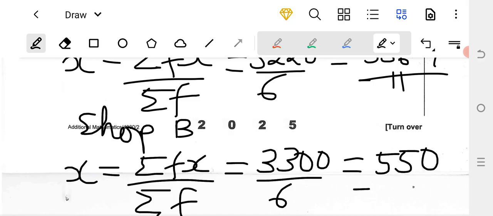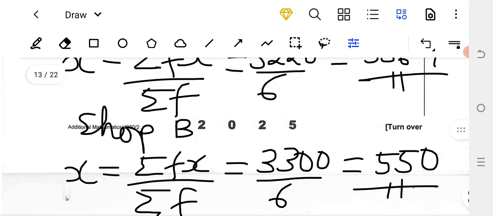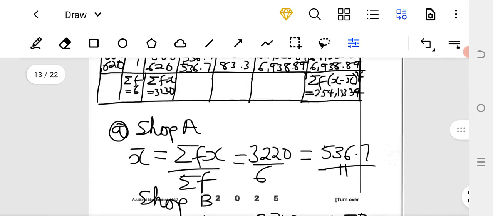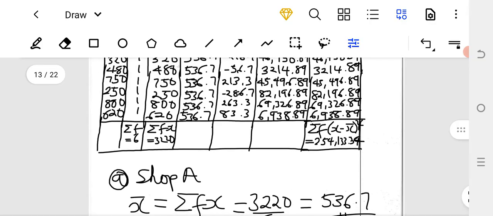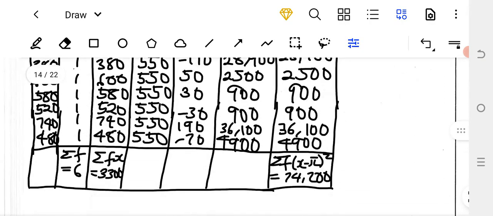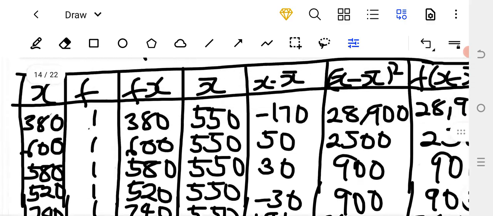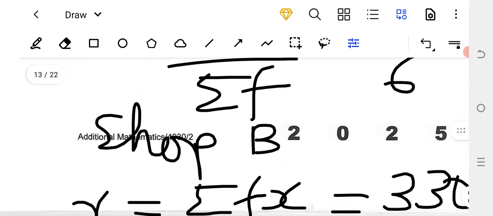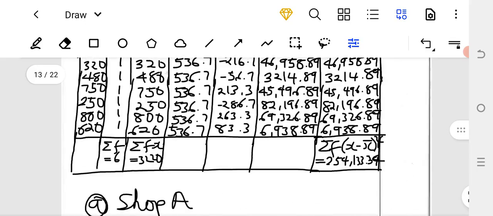This is your mean for shop B. You might be confused about where I'm getting these values from. I'm just getting them from the table. If you check shop A, it's right there, and if you check shop B, the values are right there. So we have answered question A.